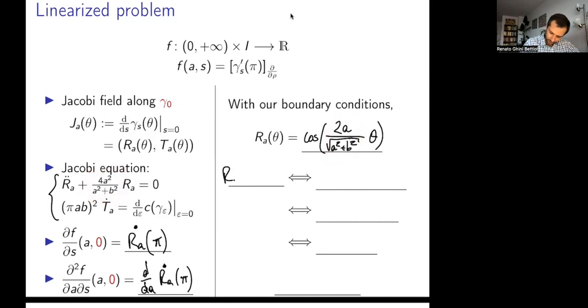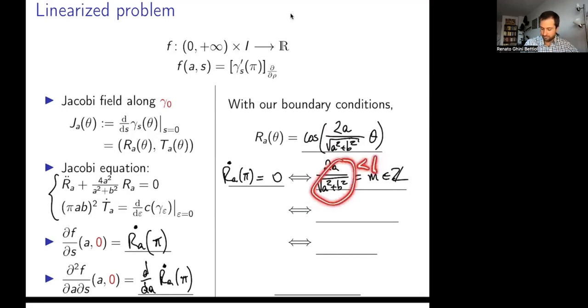So R_a dot pi is equal to 0 if and only if this number 2a over square root of a squared plus b squared is an integer, right? Let's say equal to m. Now, a divided by square root of a squared plus b squared, this is always less than or equal to 1, right? It's actually less than 1 because both a and b are positive numbers.